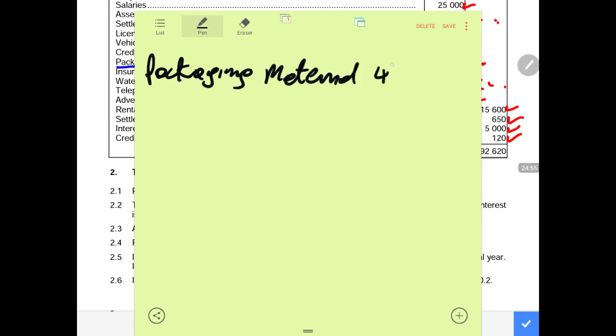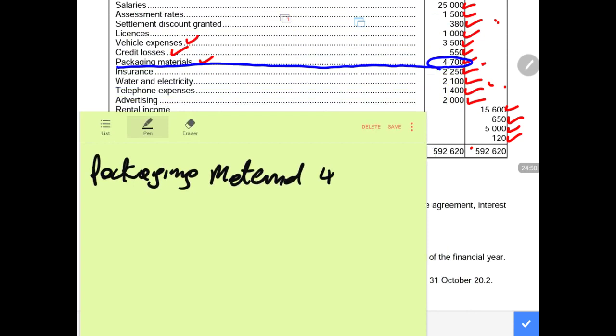Now we had 4,700 of packaging material. Then we don't know how much packaging material was used. Let me say packaging used.